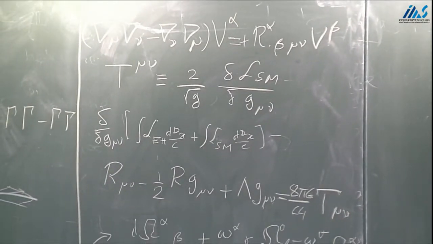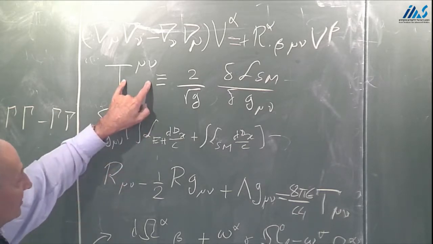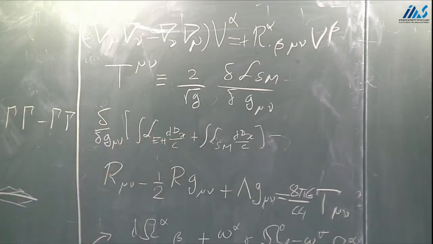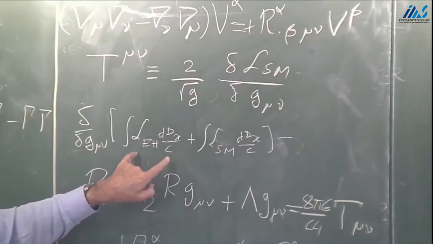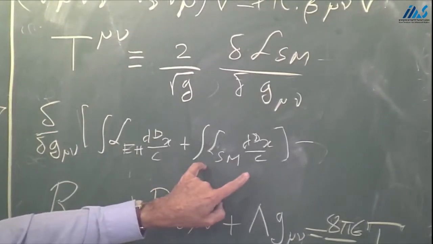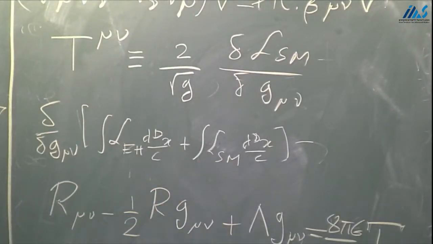When you have fermions, you have to go through the intermediate Vierbein to do the calculation, but at the end you get this object. And then the total action of gravity is the action for gravity plus the action for how the standard model is coupled to gravity.